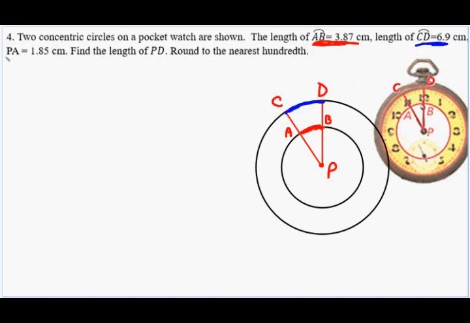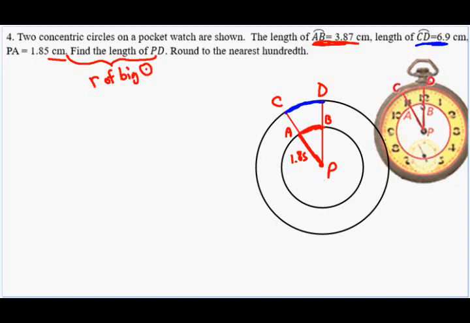P to A is right here. P to A is 1.85 centimeters. Find the length P to D. So what we're looking for here is the radius of the bigger circle. So find the length of PD is R of big circle. Round to the nearest hundredth. All right.